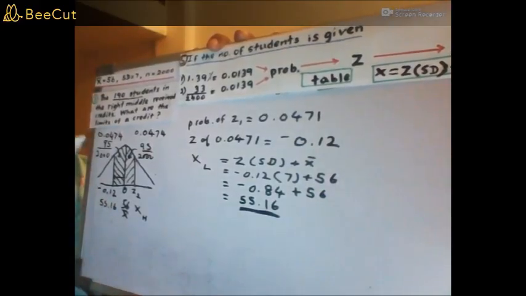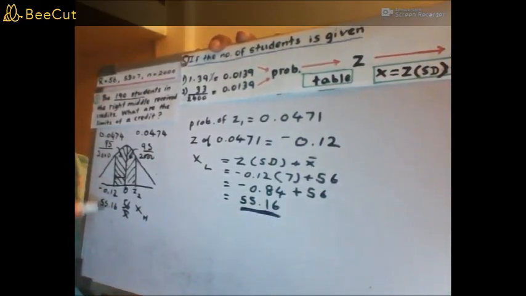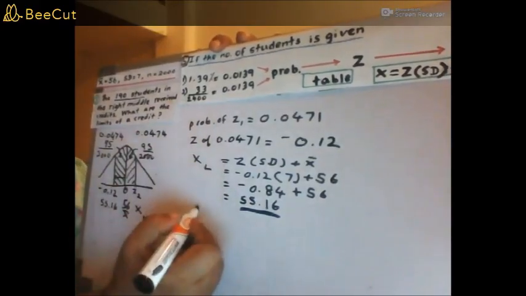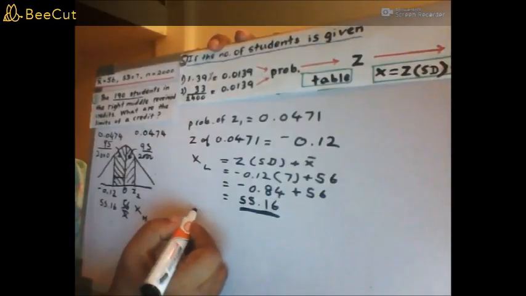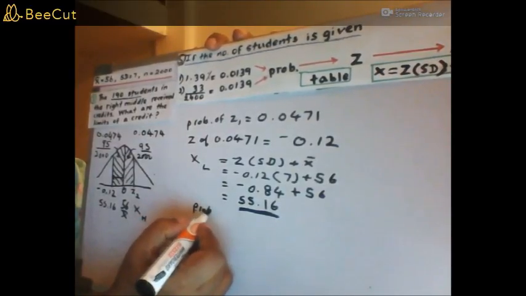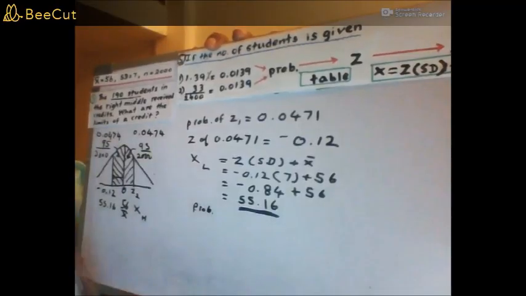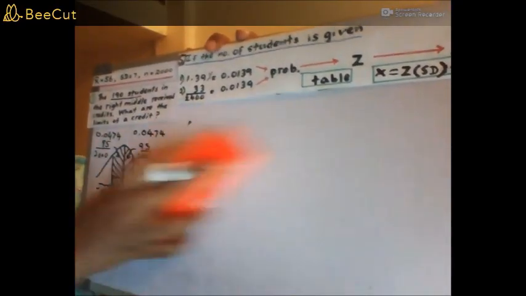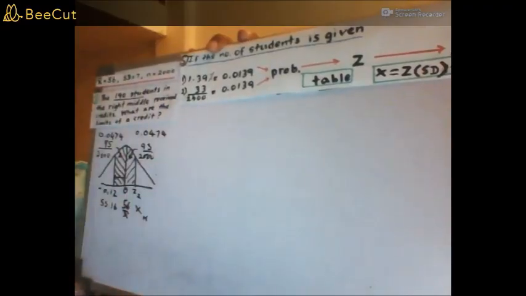Okay. Now what we have to do? Now we have found this limit. Then we have to find this limit. The same principle. So what is the probability of Z2? I'll erase this, right? Now we know how to get that one.